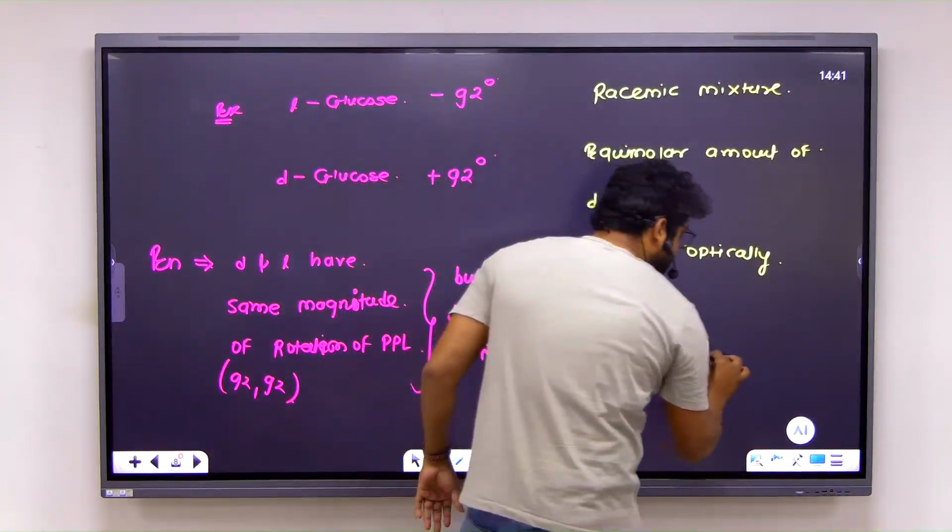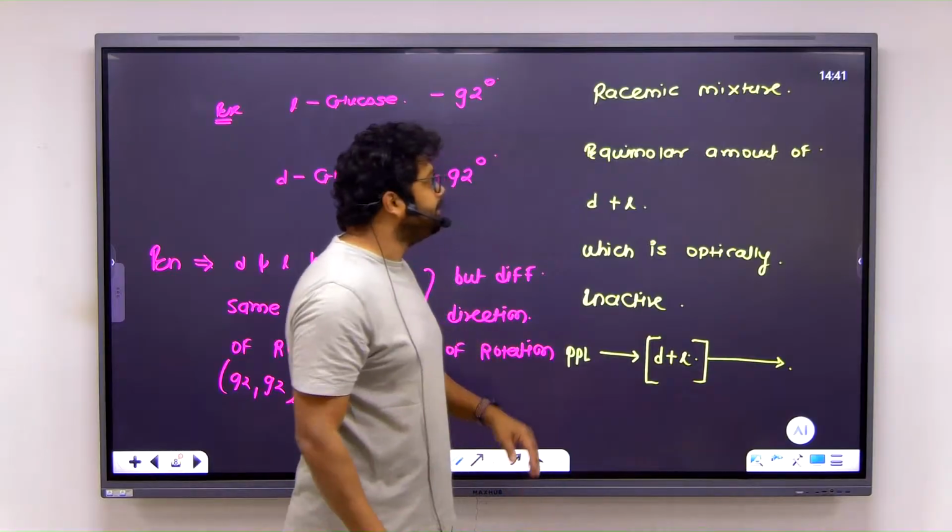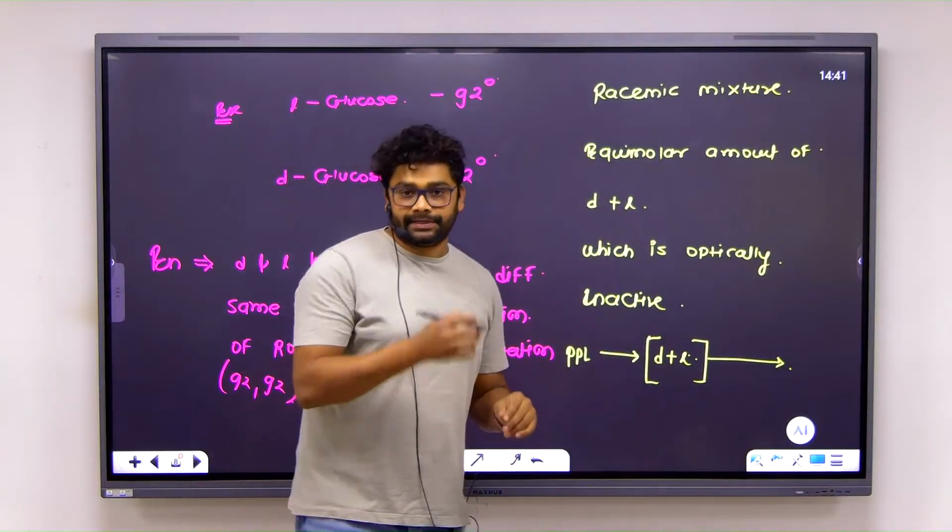So light passes straight and that's why they are known as optically inactive. म्हणून हा प्रश्न आपल्याला करायचा होता.